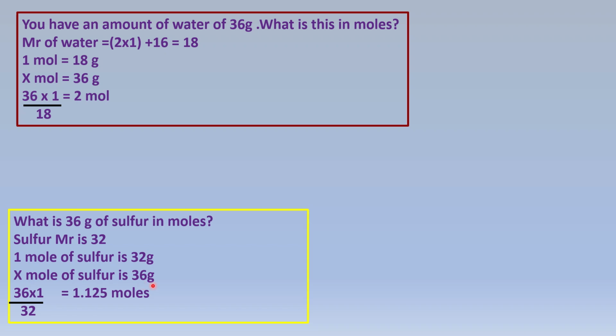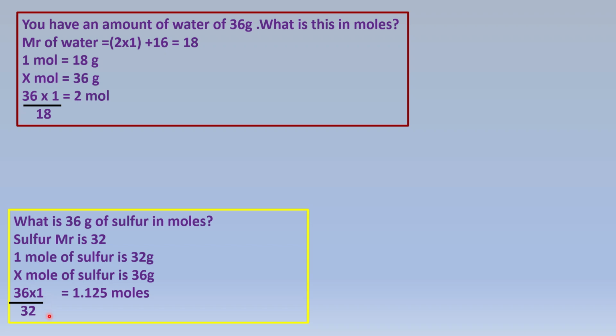Now, how do you solve this in math? How do you solve an equation in math? You multiply 36 times this number, which is 1, 36 times 1. Then you divide by 32 in order to get X and solve for X. 36 times 1 is 36.